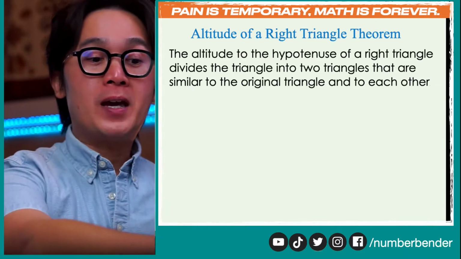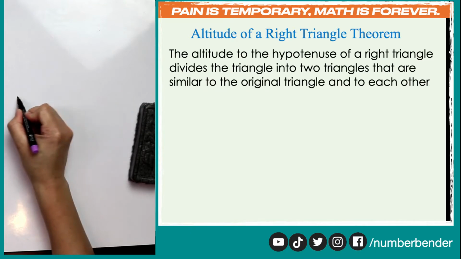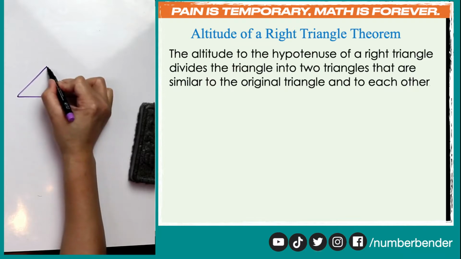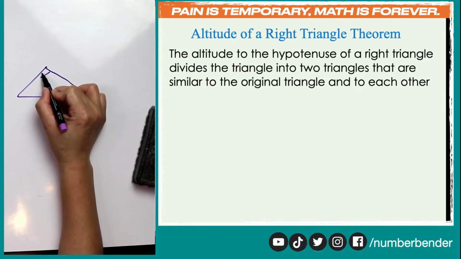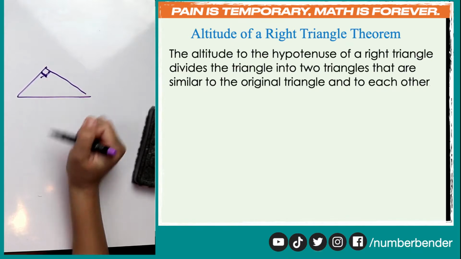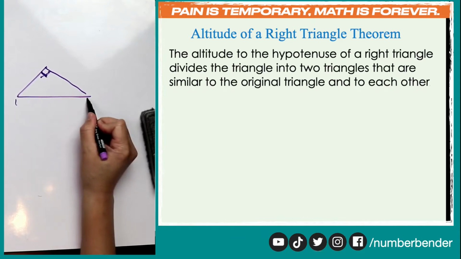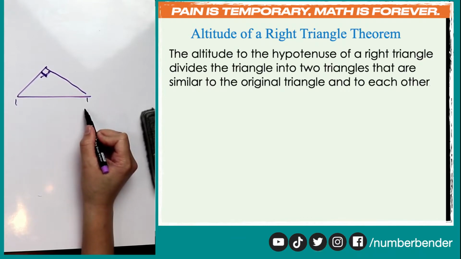So to give you a better visual of this particular theorem about right triangles, let's say we have a right triangle that is looking like this. Forgive me for my crooked right angle, but this is a right angle and this is the opposite side of the right triangle.